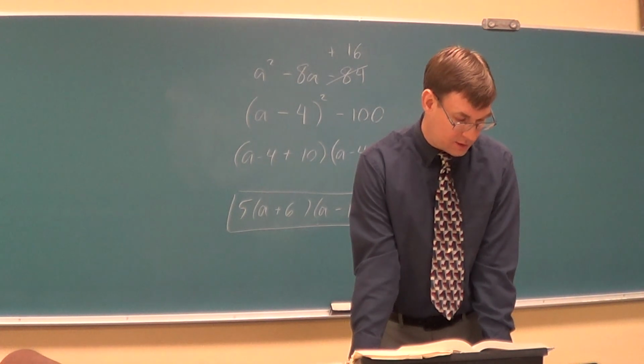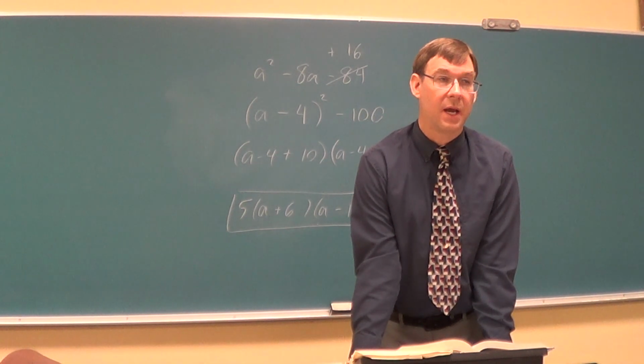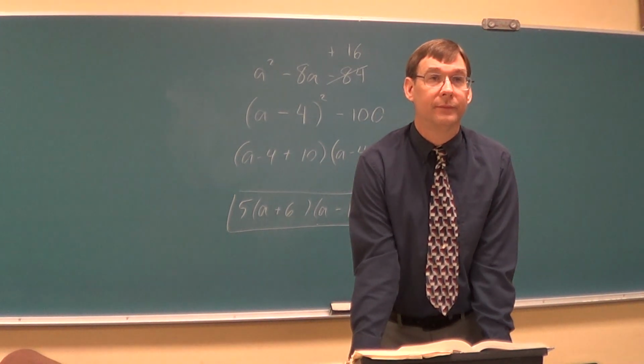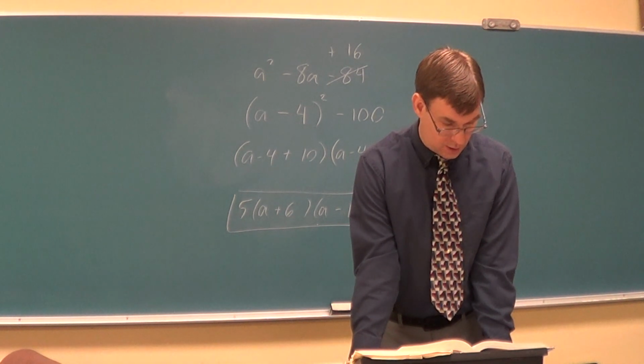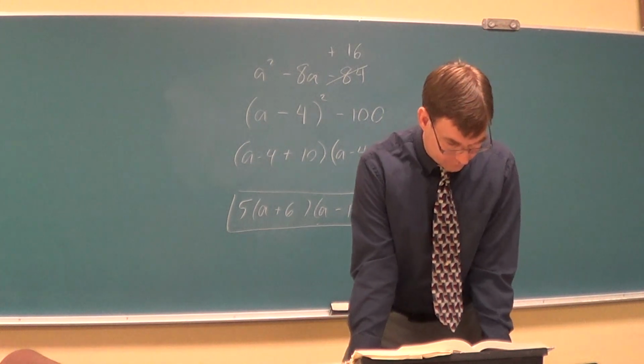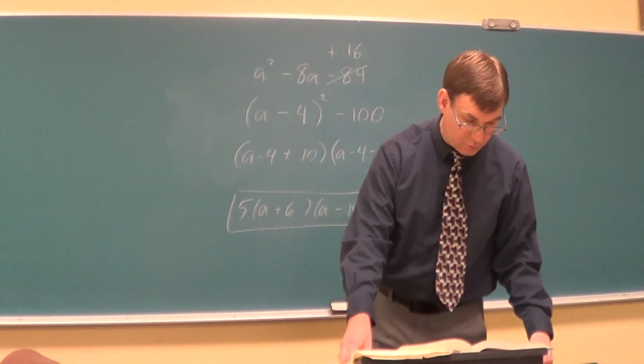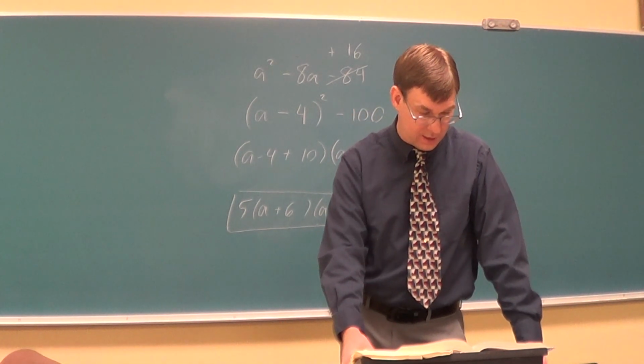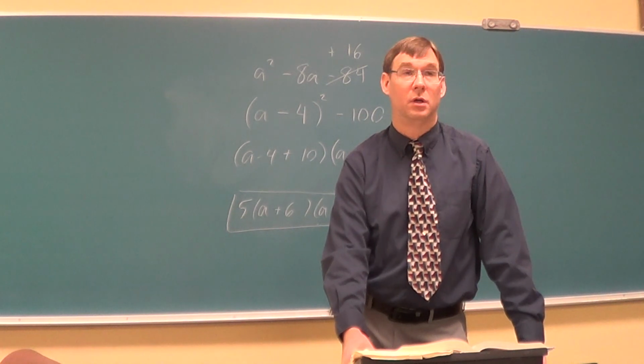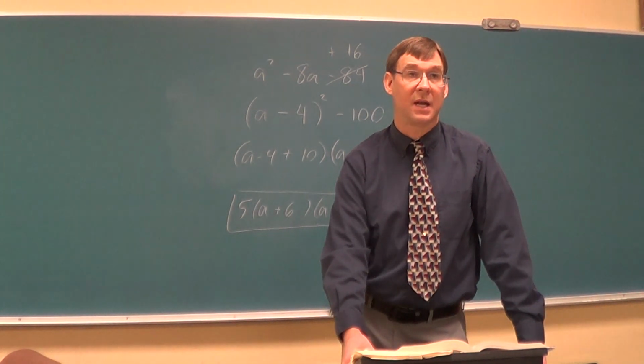Anybody else homework, something that has you hesitating? Yeah? Could you do 19 on 227? Yeah. So my first move on 19 is going to be to take out a 2. Are you okay with the idea of taking out a 2?